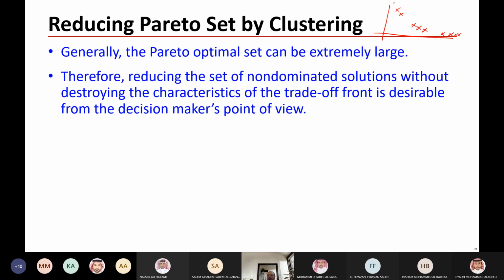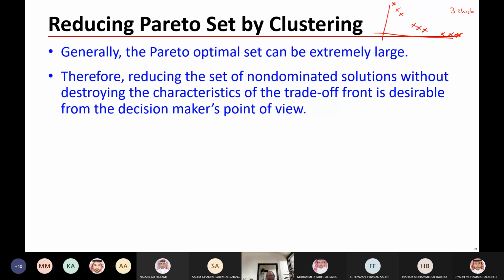Maybe the nearest group. Assume that we have here 1, 2, 3, 4, 5, 6, 7, 8, 9 solutions. Assume that we need here like 3 clusters.